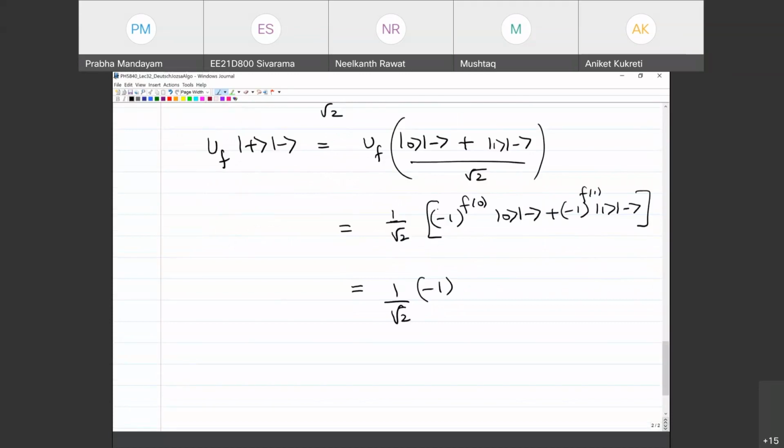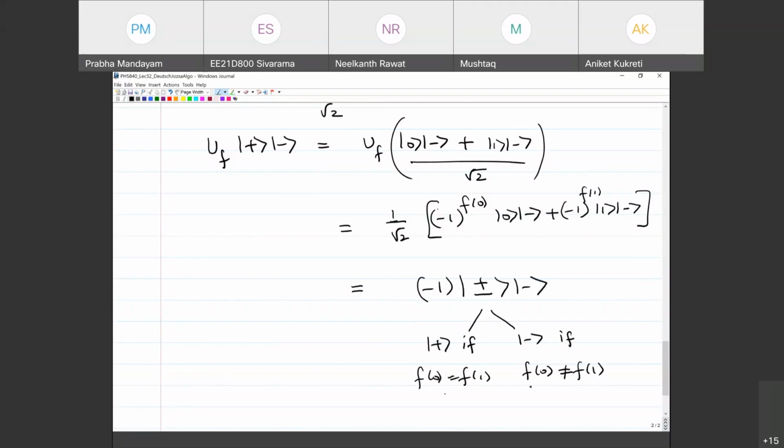There's an overall -1 that I can pull out. And then if f of 0 is equal to f of 1, then what do I have in the first qubit? So it becomes plus or minus and then minus. And this one is basically plus if f of 0 is equal to f of 1. And this is minus if f of 0 is not equal to f of 1, right?